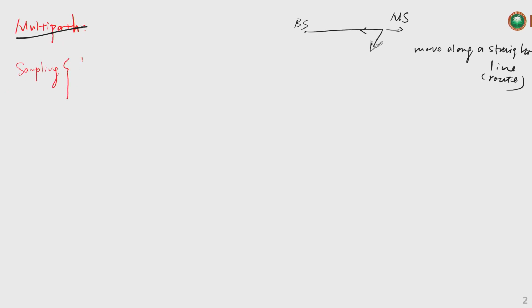For example, we assume it moves along a straight line at a constant speed, and we assume its speed is v.